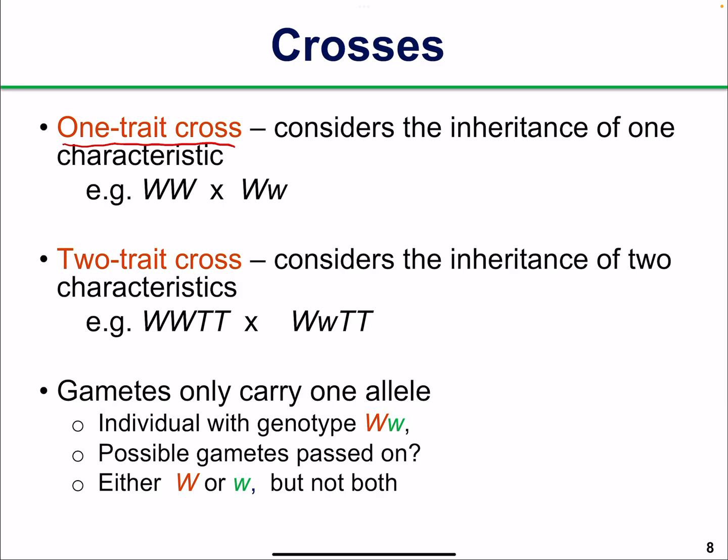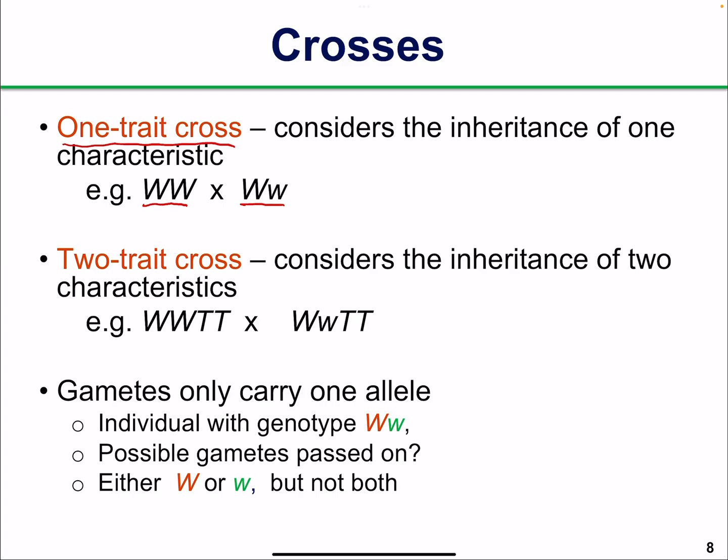If you cross two individuals with widow's peak or straight hairline, I'm just saying anything, right? We're going to consider an individual with the homozygous dominant genotype, and we cross that individual with another individual who is heterozygous.